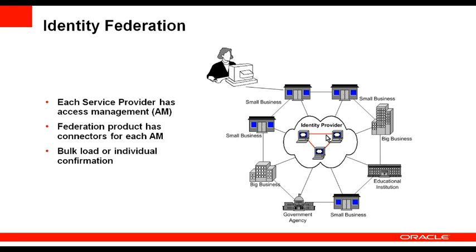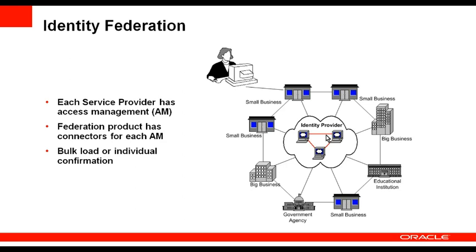Now, one of the concerns with a centralized identity provider is that all of the user identities have to be effectively submitted to that identity provider, and that can either be done as bulk load or ad hoc. How that happens is based on how the federated identity solution provider has actually enabled that to be facilitated.